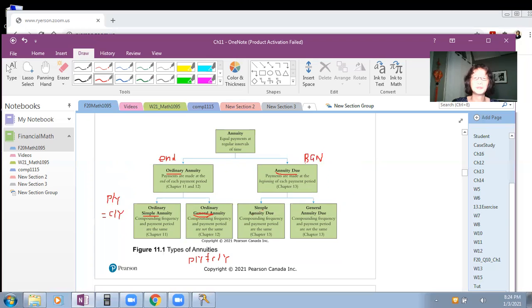Here we have a simple annuity due. Simple means PY equals CY, and due means payment is made at the beginning. General, we already explained, means PY is not equal to CY. PY represents the number of payments per year. CY represents the number of interest conversion periods per year.